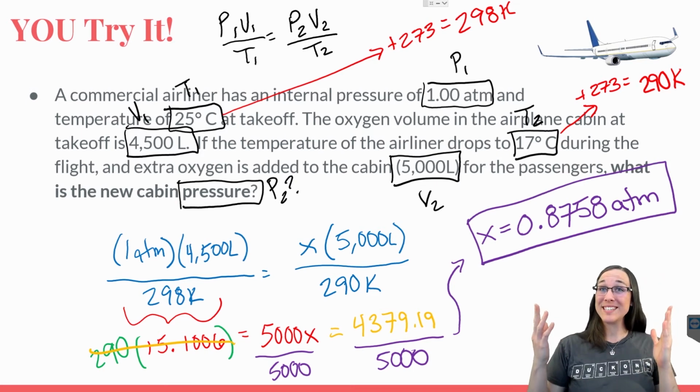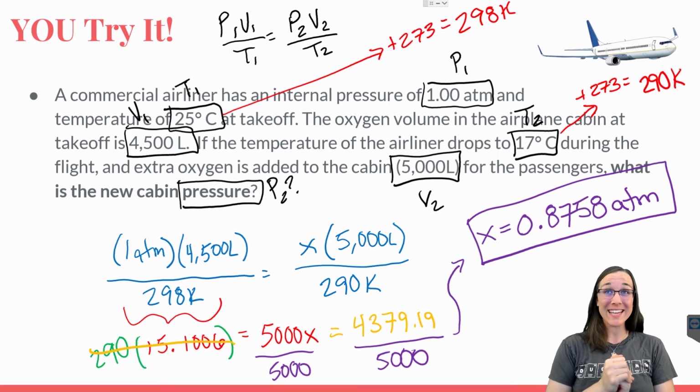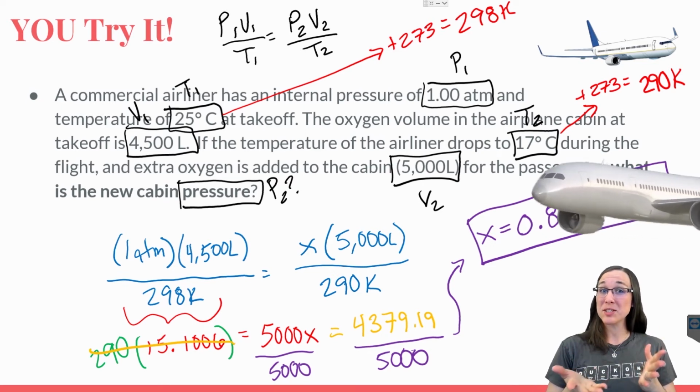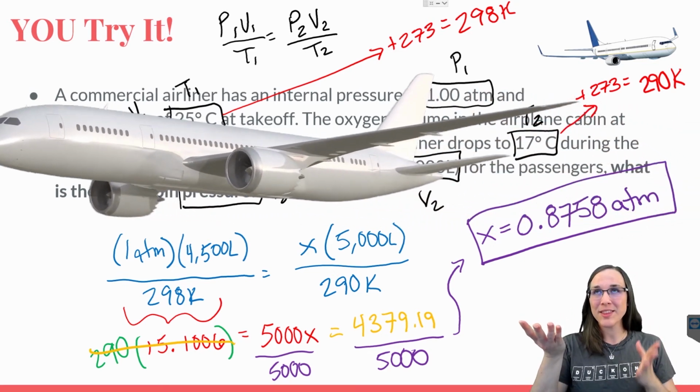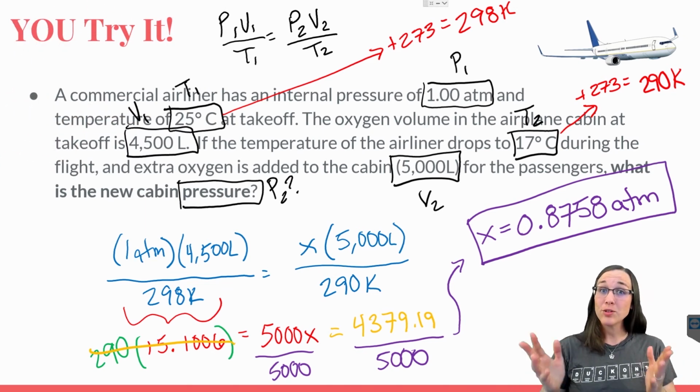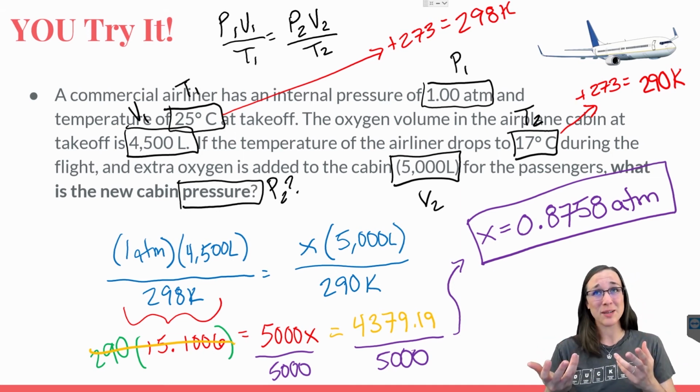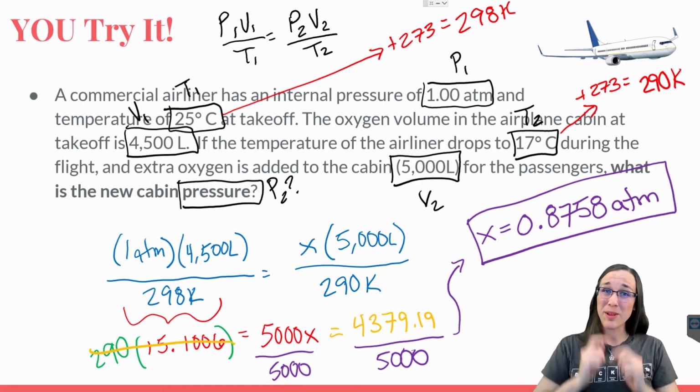All right, hopefully this is the pressure 2 value you came up with, the 0.8758 ATMs, which makes sense because as you go higher in elevation in an airplane, the pressure does in fact drop. They do try to equilibrate that though by adding extra oxygen to the actual airline cabin, but you can always tell that you're increasing elevation and decreasing pressure because your ears get all plugged and funky.